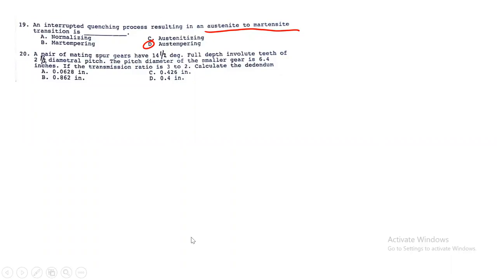So, guys, may correction tayo dito sa number 19. So, number 19, ang sagot dito, hindi to aus tempering. So, ang sagot dito is smart tempering. So, tandaan nyo, kapag austenite to martensite, sagot dito is smart tempering.